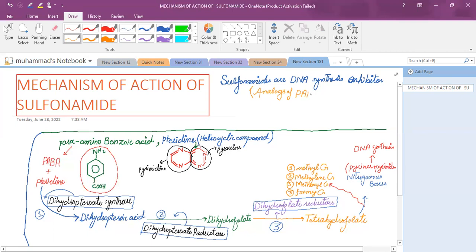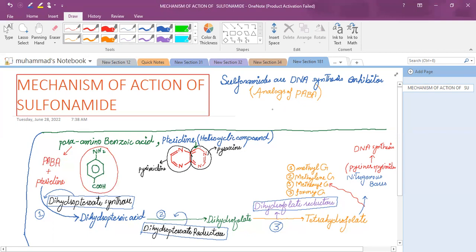These are not actually para-aminobenzoic acid, but similar to para-aminobenzoic acid.